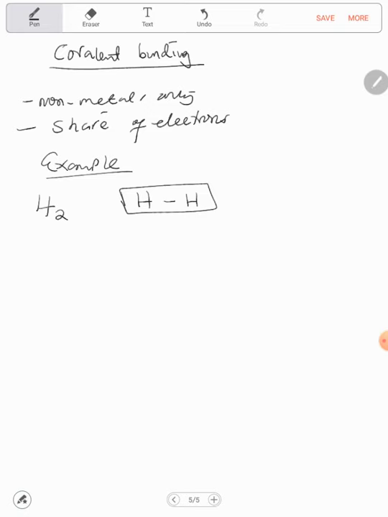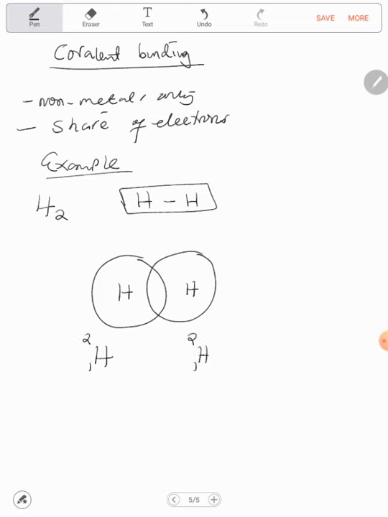So we make this shell and this other shell, and you put hydrogen there, and hydrogen here. It's like that, and it's like that. This is what hydrogen is.